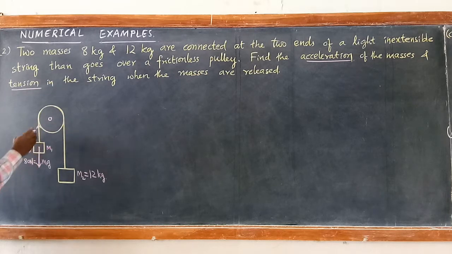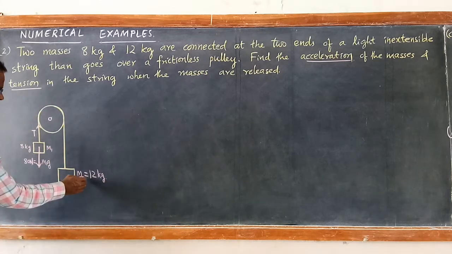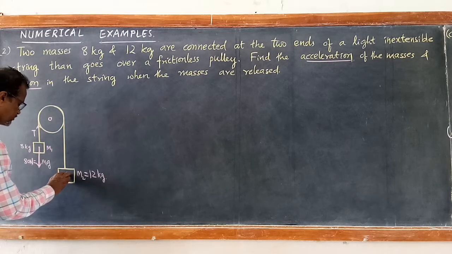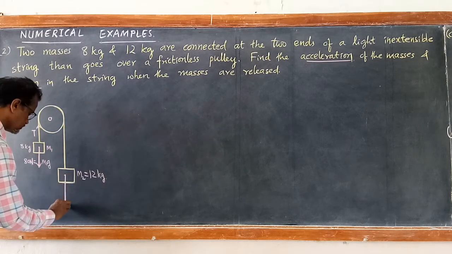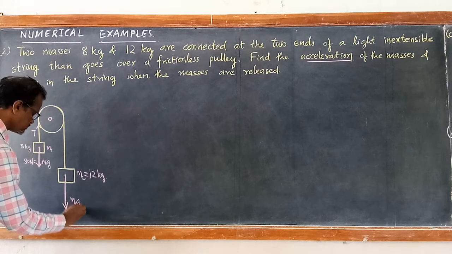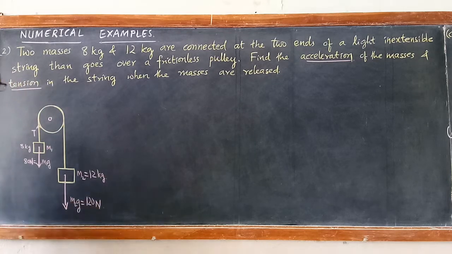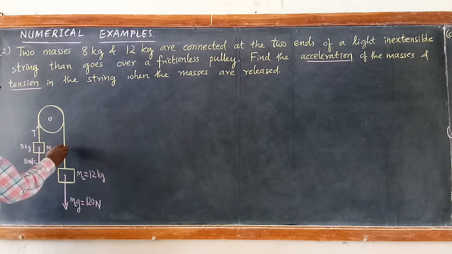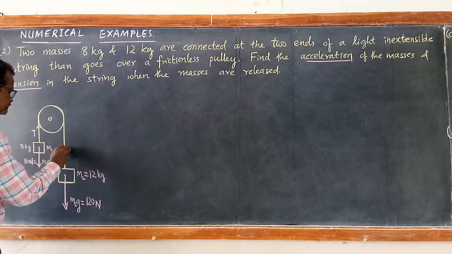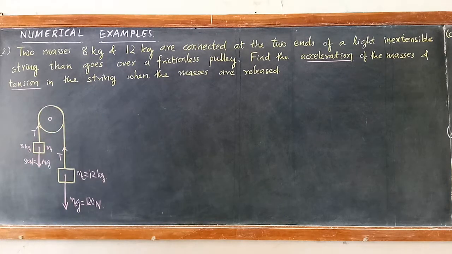Tension T is the vector acting towards the pulley. And here is m2. This is a heavier mass, 12 kg. Again let me draw the free body diagram. This represents the weight m2g, that's equal to 120 Newton, 12 into 10. And the tension in this case will be again towards the pulley. So tension in both the cases will be the same.